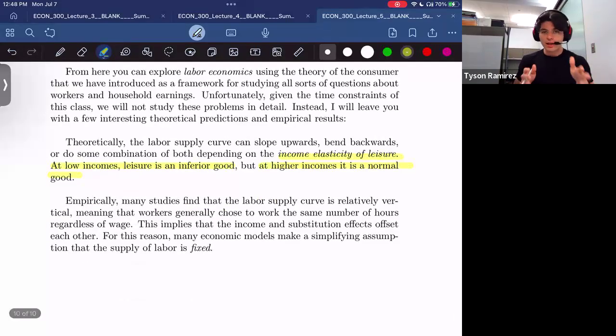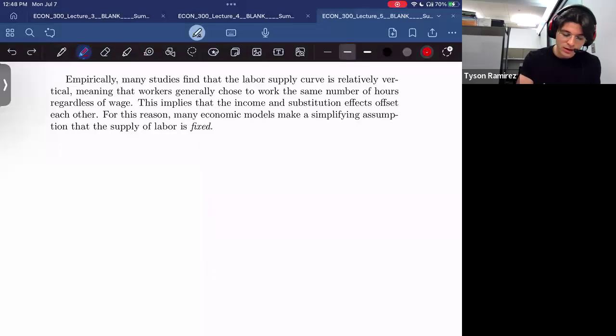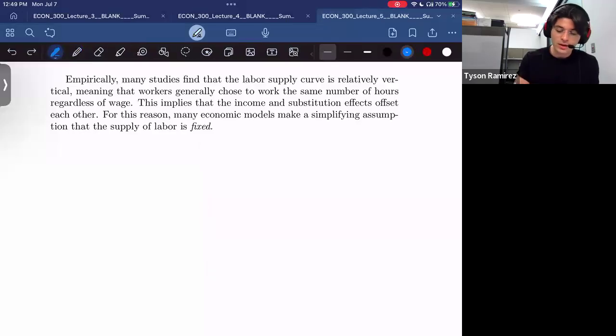Empirically, what the data tells us is that the labor supply curve is relatively inelastic. It's relatively vertical. If you take macroeconomics, the labor supply curve turns out to be a very important topic, and the data finds that it's vertical.